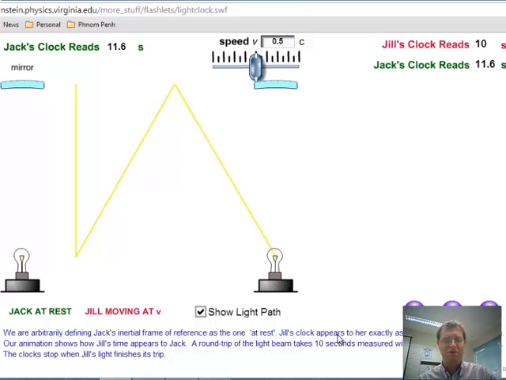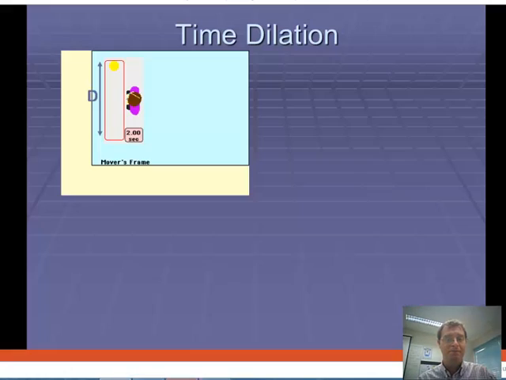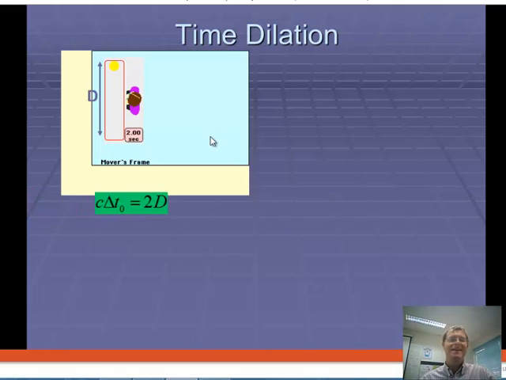So let me take us through this in a little bit more detail. If we're travelling light from one end and bouncing off the other end, that's going to be a distance of 2d. That distance is going to be equal to the speed of light multiplied by the time it takes.